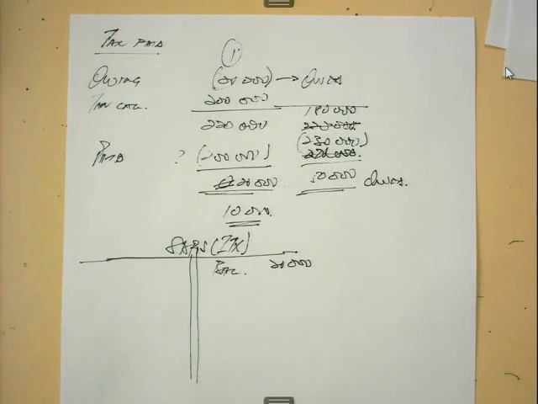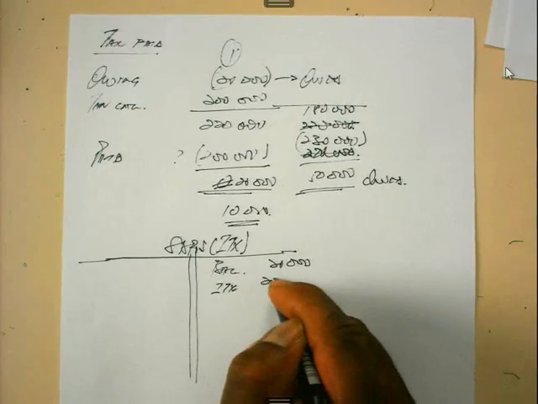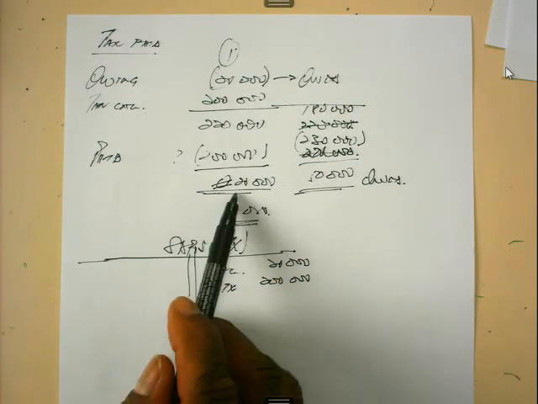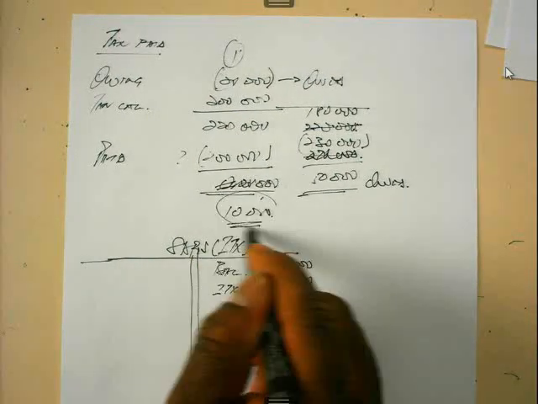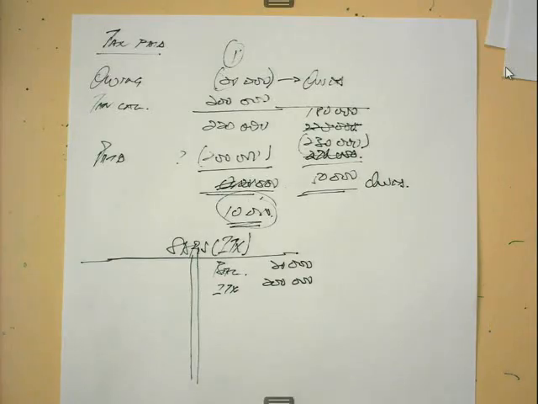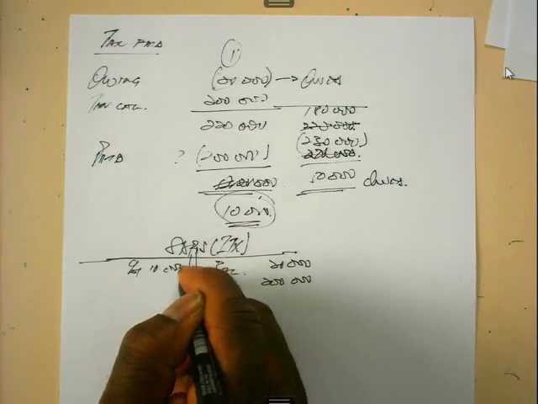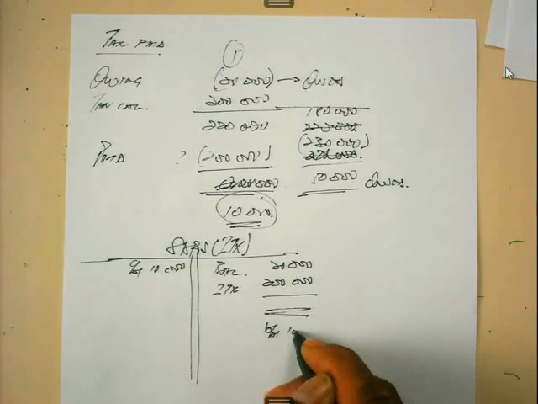You must bring the 200,000 into the account: you debit income tax and credit SARS with income tax, 200,000 rands. And you are told that you still owe SARS, let's make it 10,000. You owe SARS 10,000. It means this will be carried down 10,000, and it will be brought down 10,000.